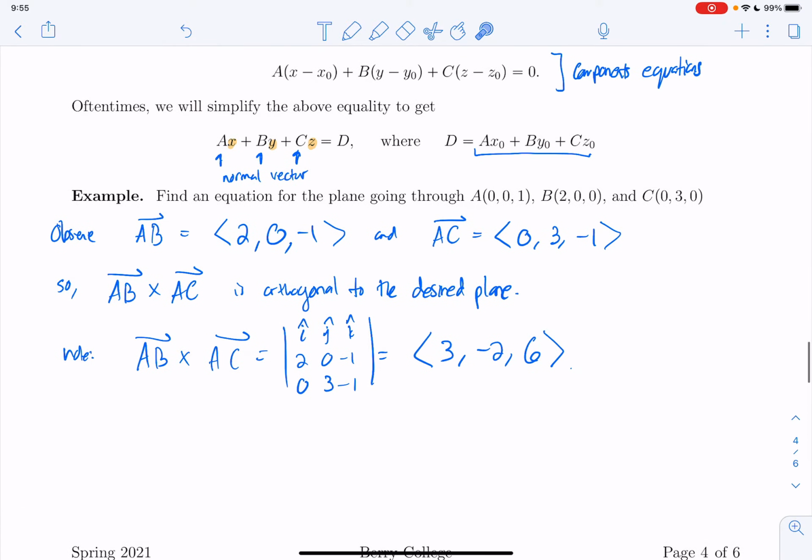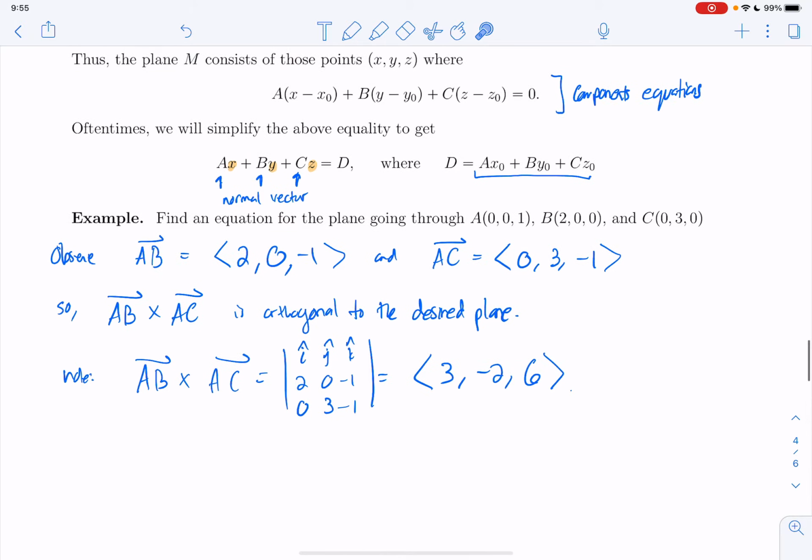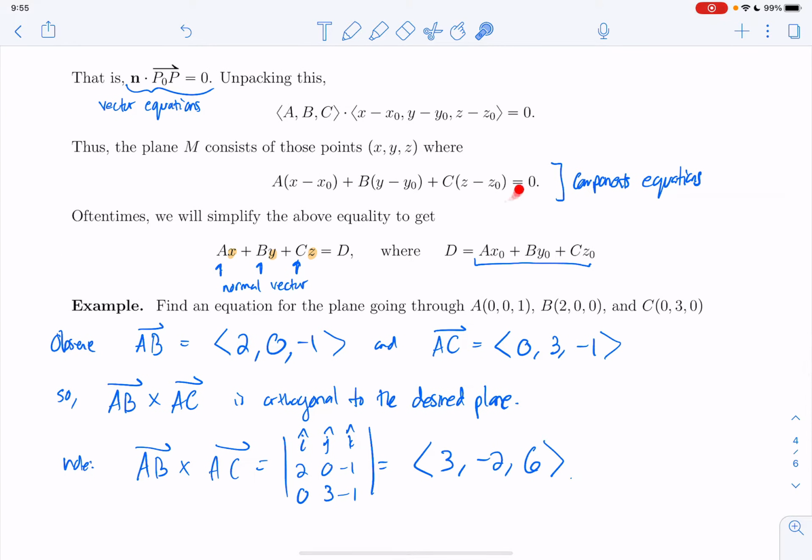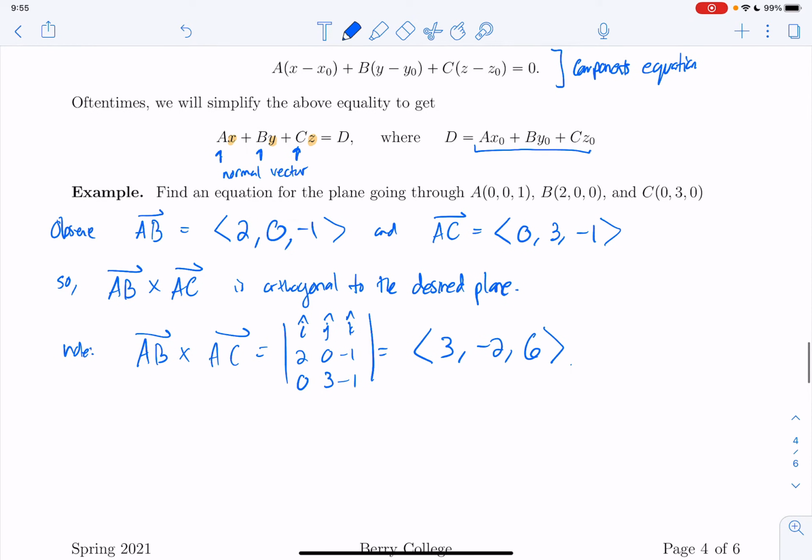And what we need is a normal vector along with a point in the plane. Traditionally, I like to go with the component equation.